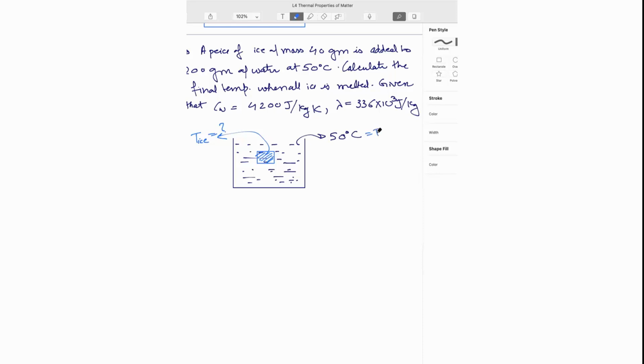This is the temperature of water. There are two things happening. Because it's hot water, the ice will melt, and in melting, the temperature of the water will decrease, due to which we get some other final temperature.